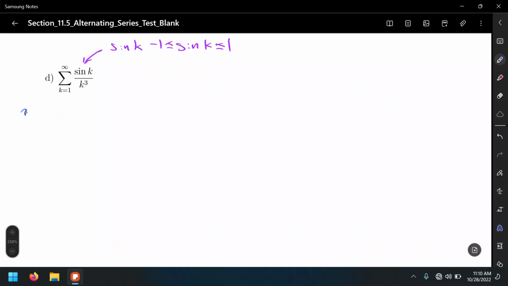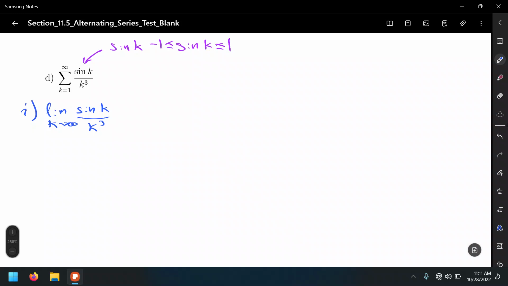The first condition is the limit of sine k over k cubed, as k approaches infinity. Is that limit equal to 0? It is. However, how do we compute this limit? There's a couple of ways.